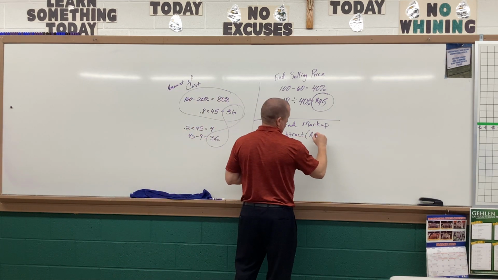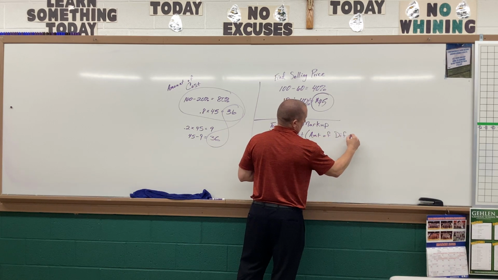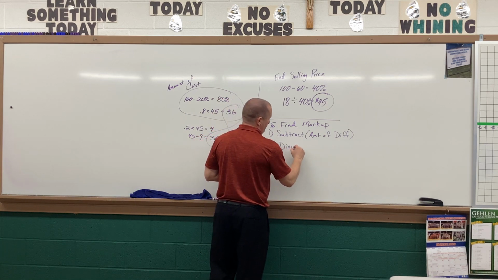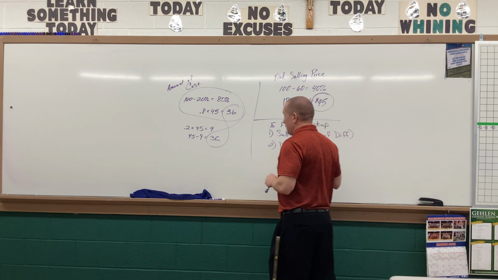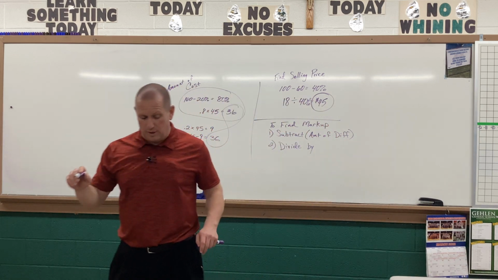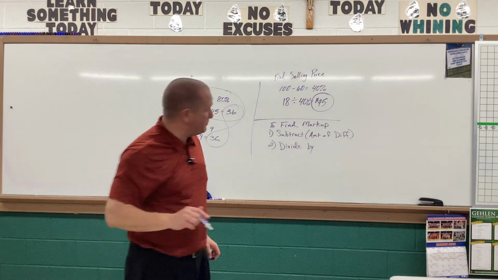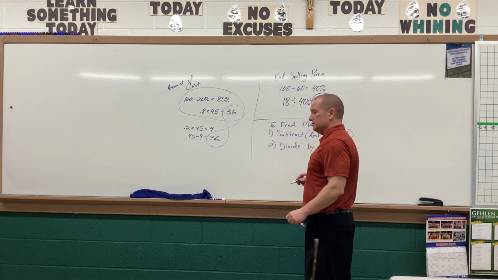And number two, you're going to divide, and you've got to be really careful which number you use. You're going to divide by the cost. Always make sure that it's the cost.